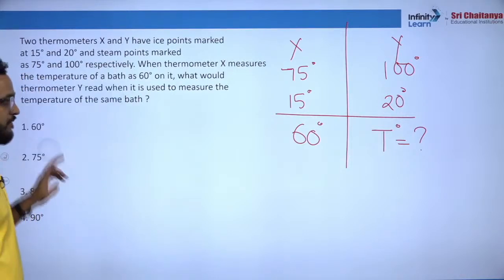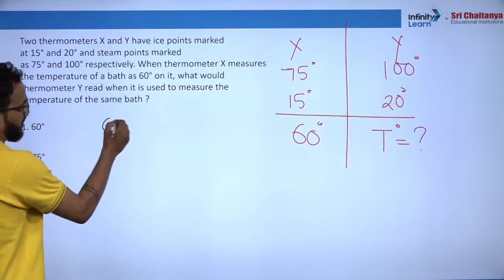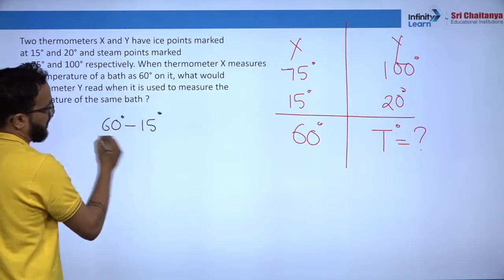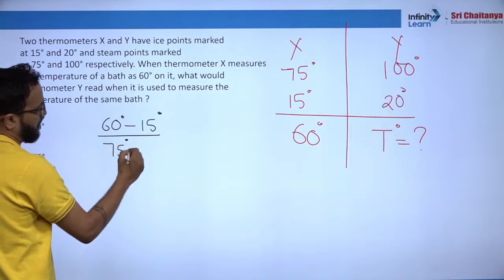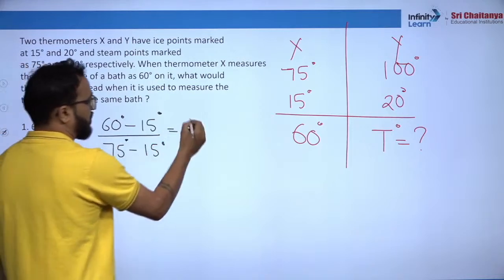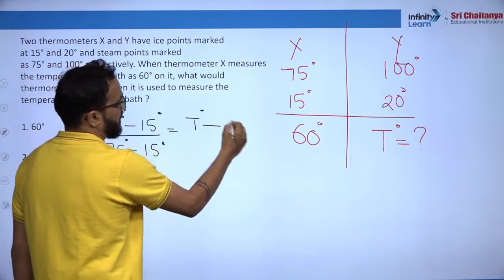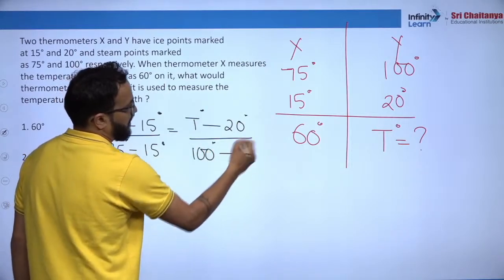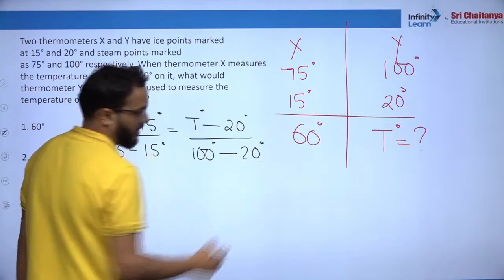We all know the formula. I will say 60 minus lower limit for x scale upon upper limit minus lower limit is equals to t degrees minus lower limit upon upper limit minus lower limit, right?